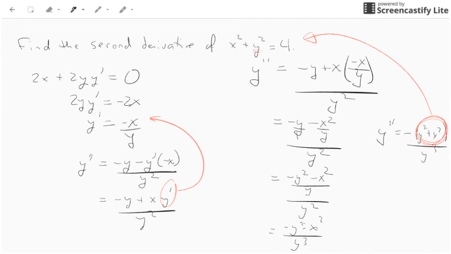I can actually use that, because remember, that is true in the context of this question. Even when I'm taking the second derivative, x squared plus y squared is still equal to 4. So I can substitute that in and make this negative 4 over y cubed.